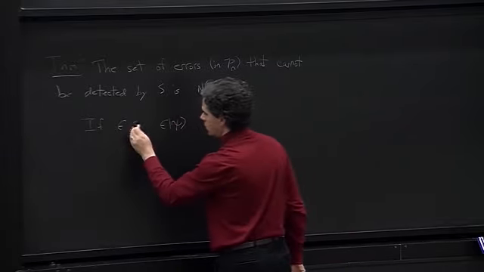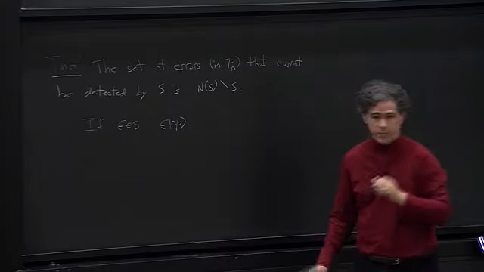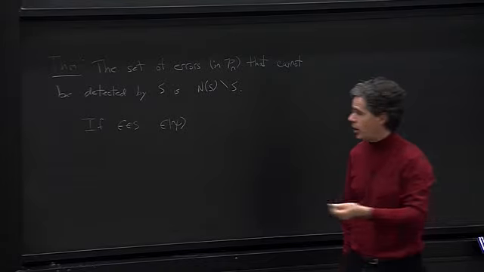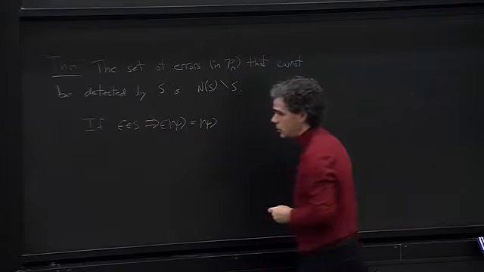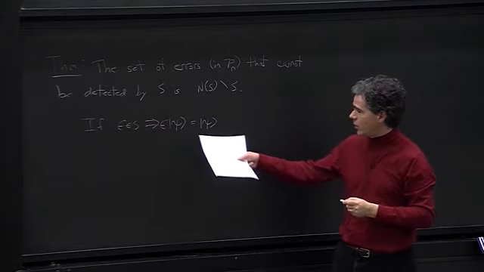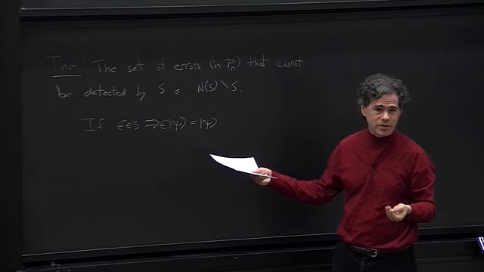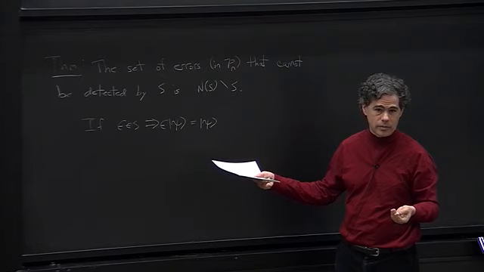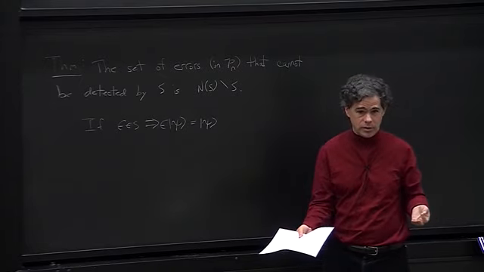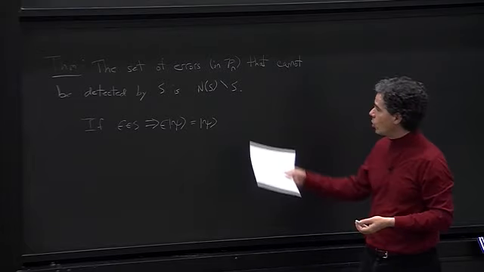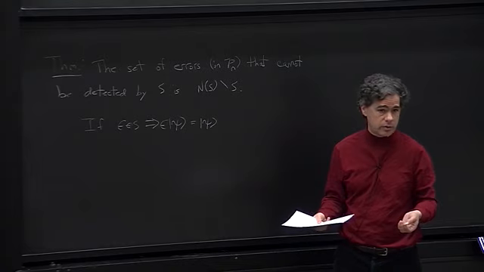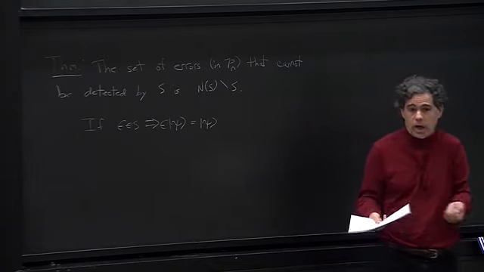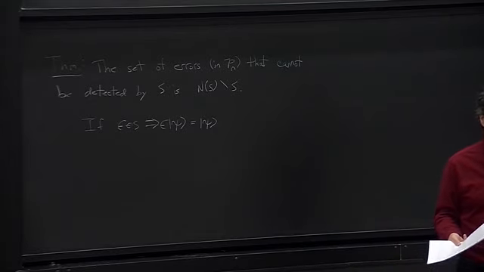If E is in the stabilizer, then E psi is equal to psi. Right? And so E psi is not really an error. It left the state alone. It didn't change the state. It's acting the same way as the identity, in fact. Okay? So anything that's in S, while it certainly commutes with everything in the stabilizer, is not really an error in a meaningful sense.